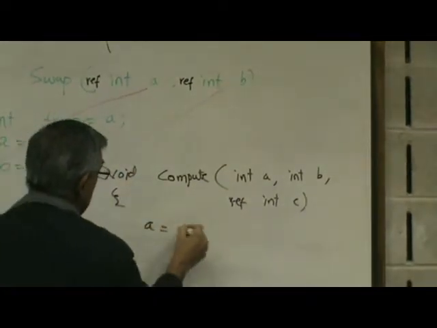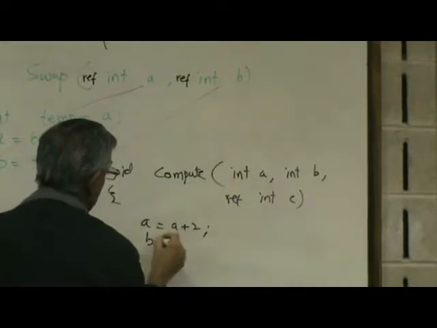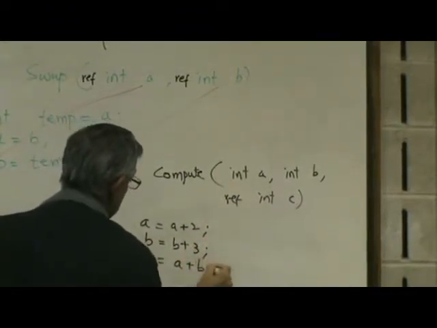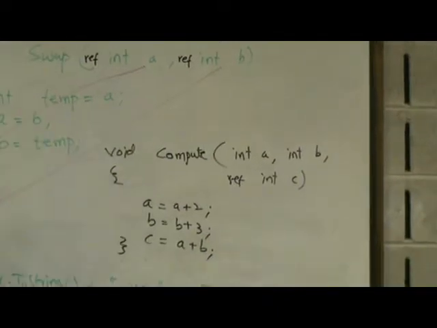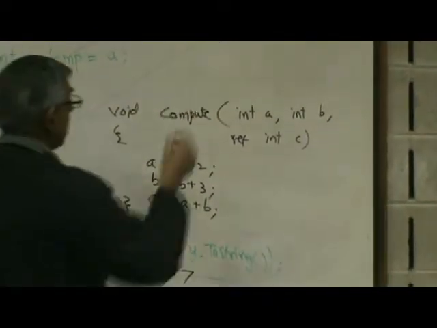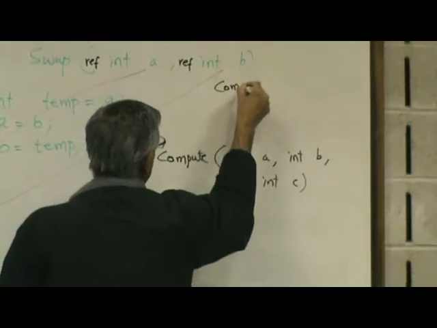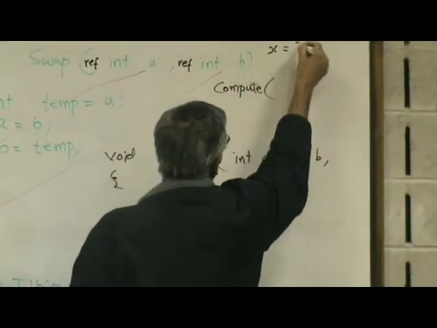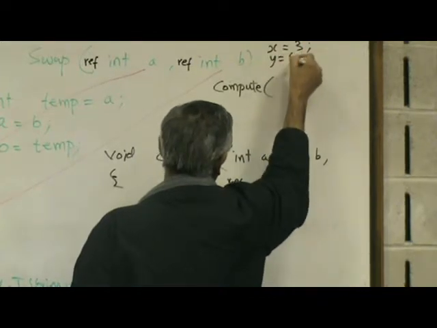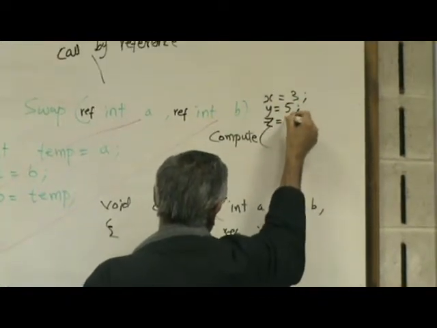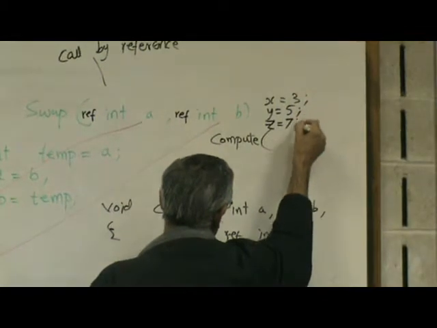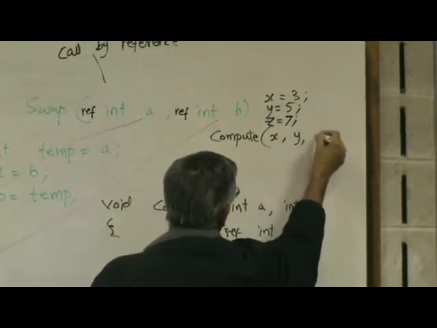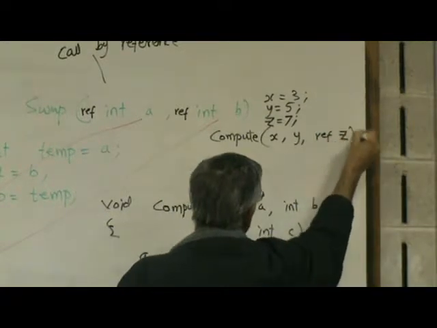Suppose you are doing a equal to a plus 2, b equal to b plus 3, c equal to a plus b. And suppose you call this function like this. You call compute with x equal to 3, y equal to 5, z equal to, let's say, 7. So you did x, y, ref z.